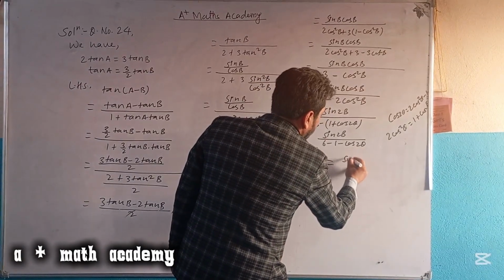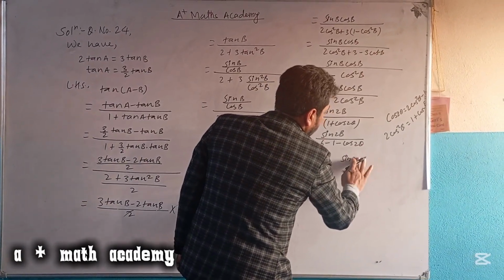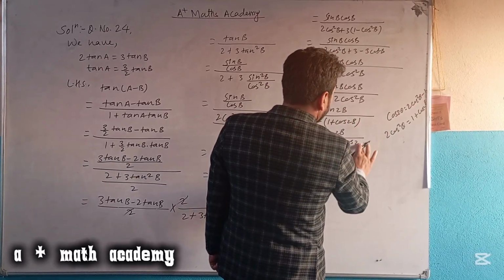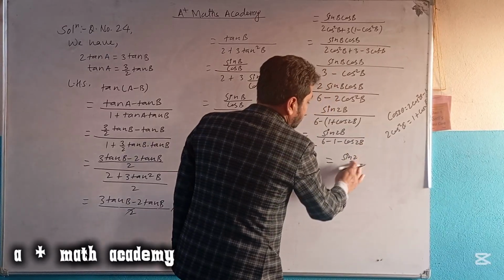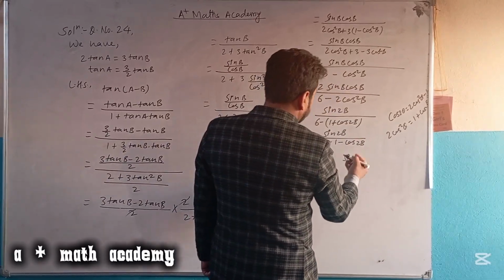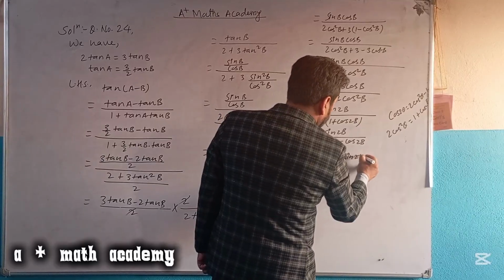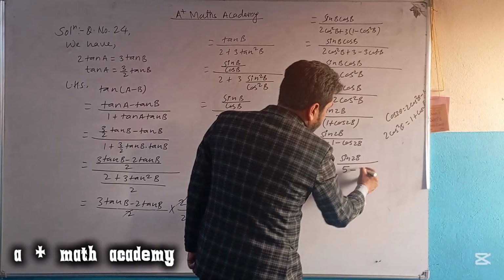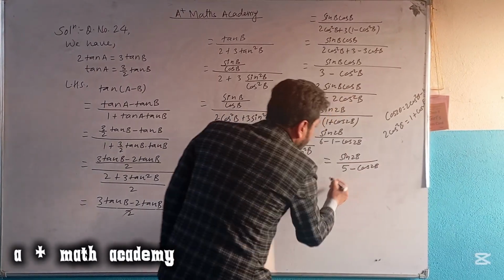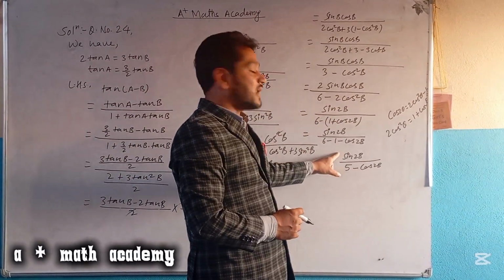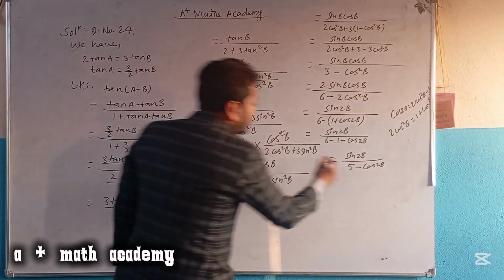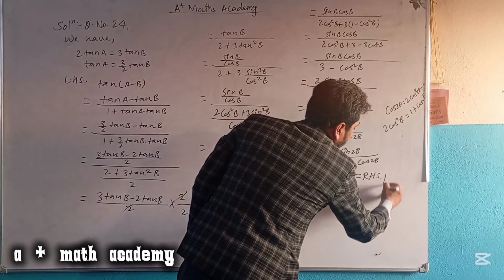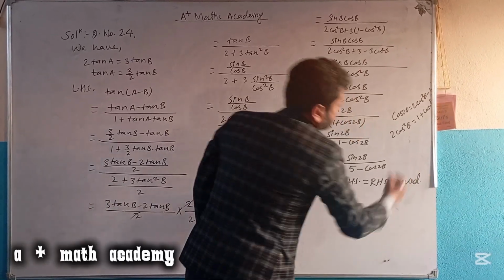Here it is B, not theta, so we have to write B. Sin 2B upon 6 minus 1, that is 5, minus cos 2B. We got the right hand side from the left hand side. Then we write LHS equals RHS, proved.